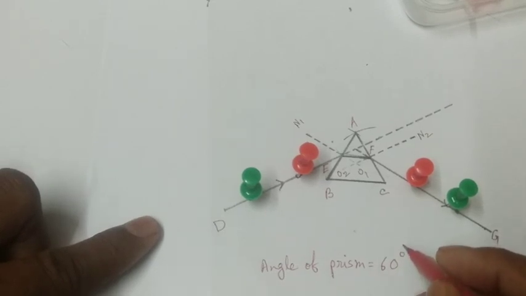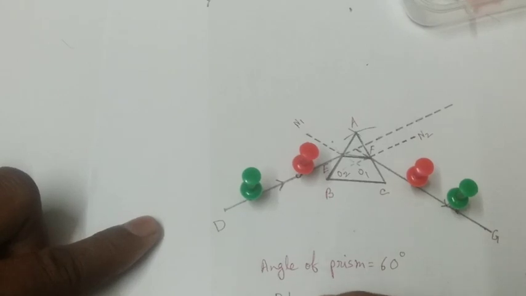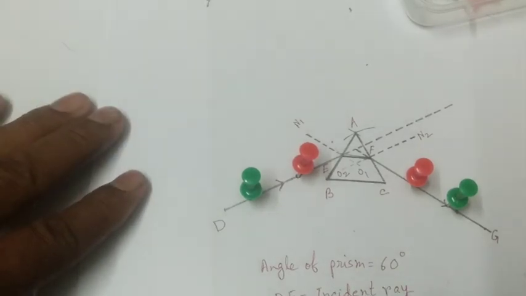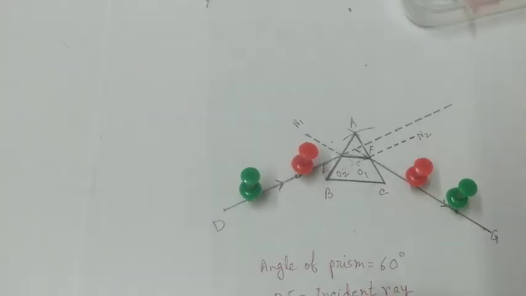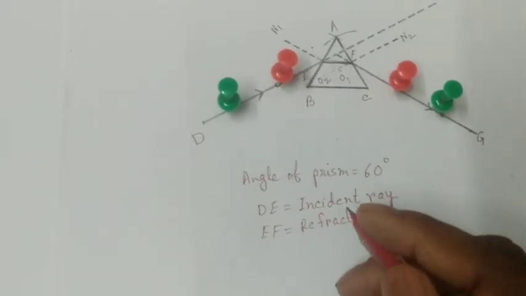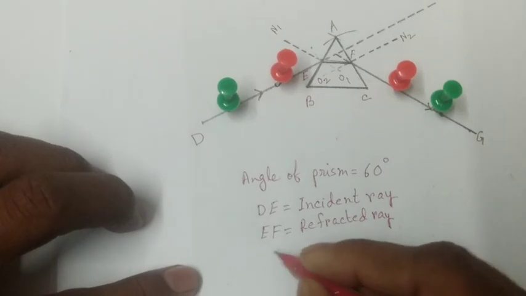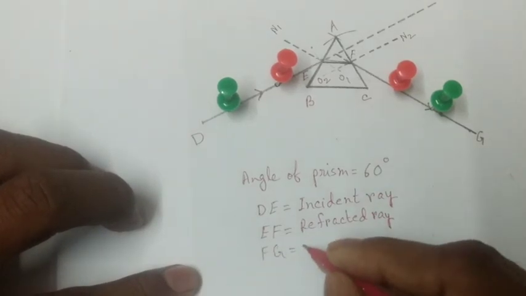DE is equal to incident ray, and EF is equal to refracted ray, and FG is equal to emergent ray.